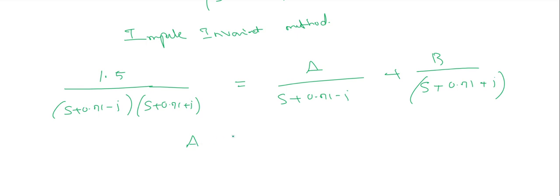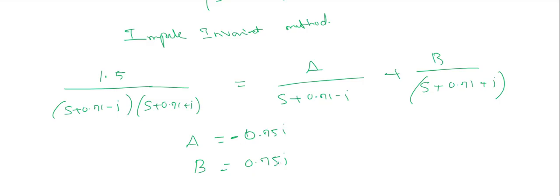So the A value and B value are 0.75j and minus 0.75j.